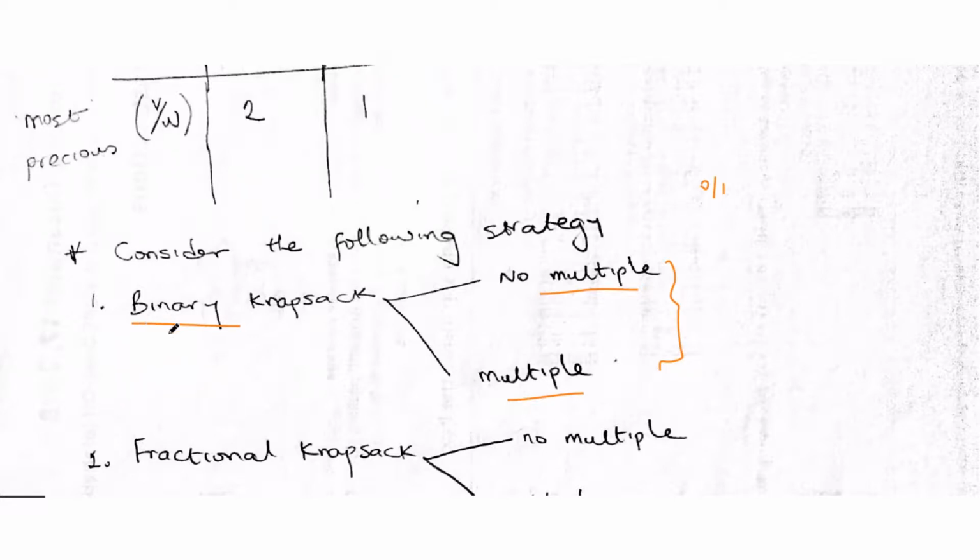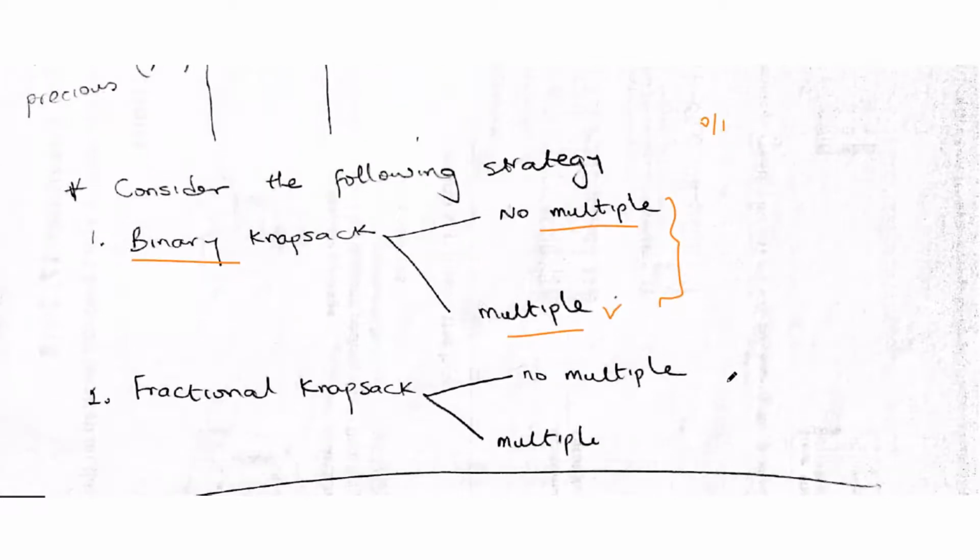Even though this is binary, where you can carry the item or not, in no multiple it means you can only carry one item once. Once you have carried the item, you cannot carry it a second time. The multiple case is saying that you can carry an item as many times as possible.